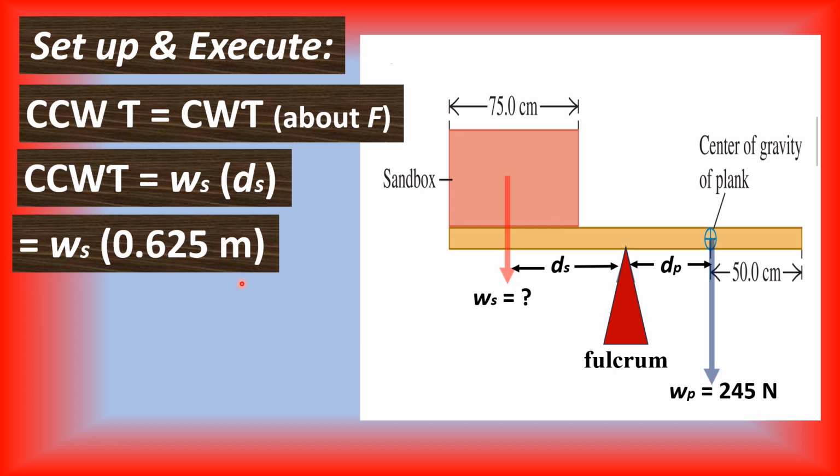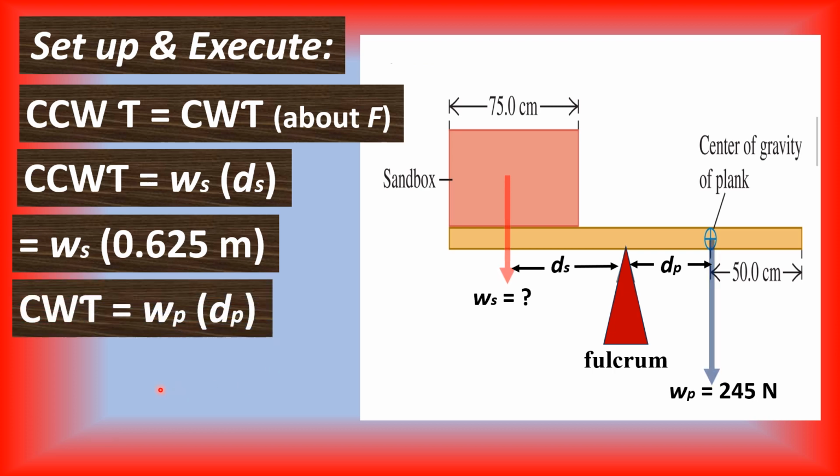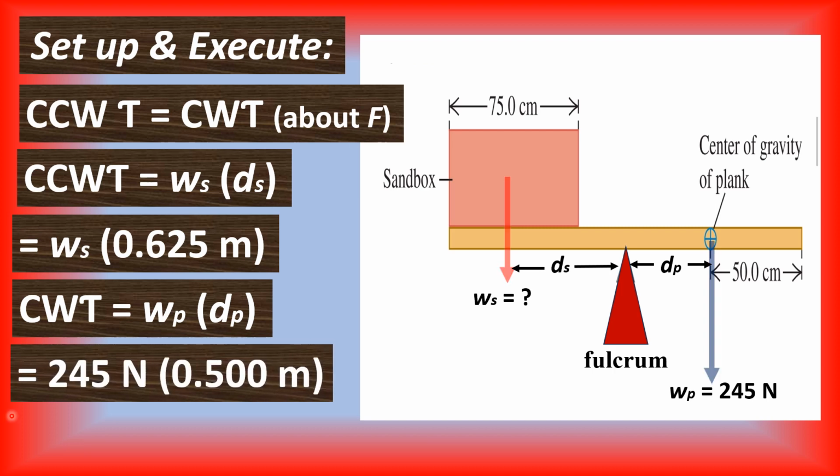Now, for the clockwise torque, it is just equal to the product of the weight W sub P and its corresponding lever arm D sub P. That is 245 newtons times 0.500 meters.